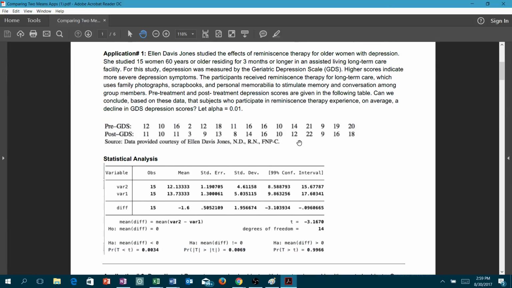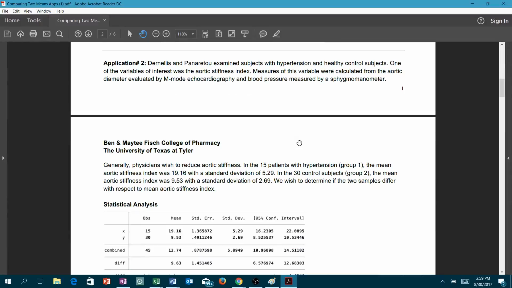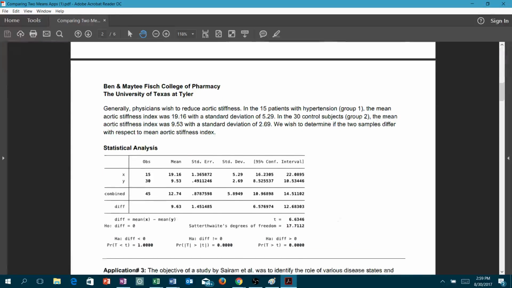So this one is independent. On two? Right now. The state we wish to determine if two samples differ. So you have treatment group A and group B. If the two samples differ, yes.